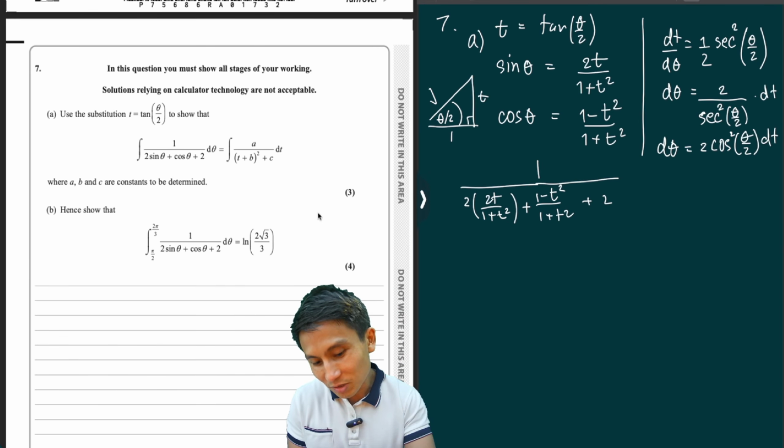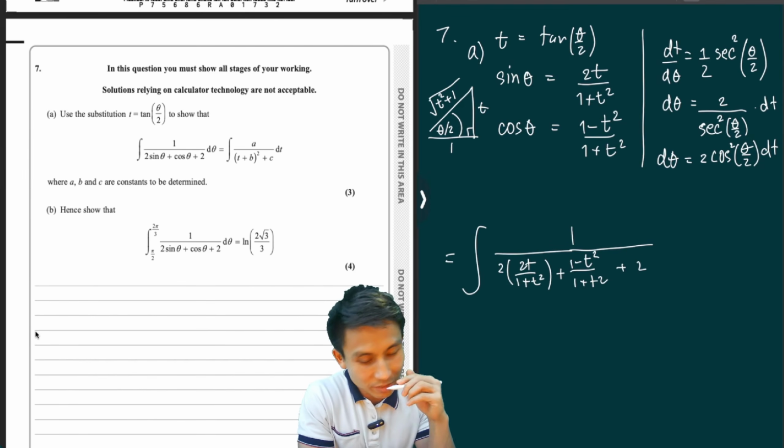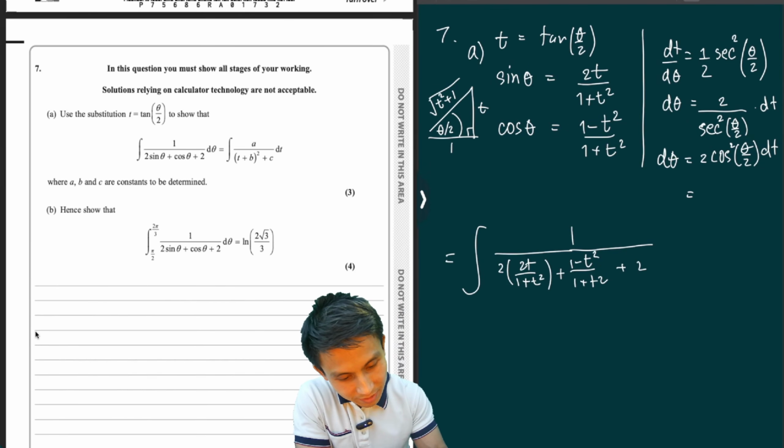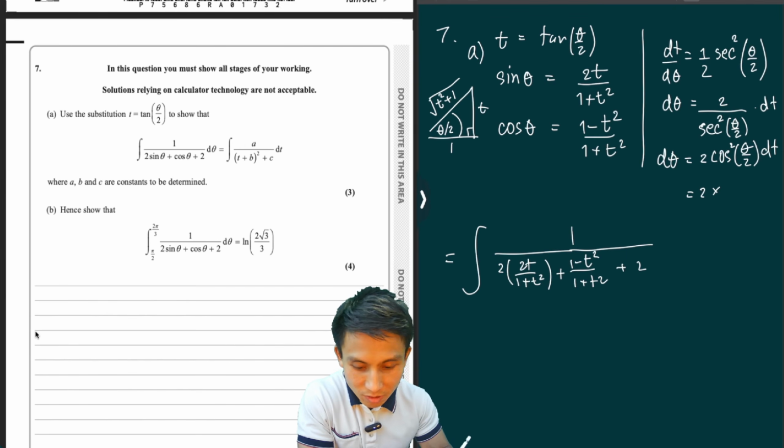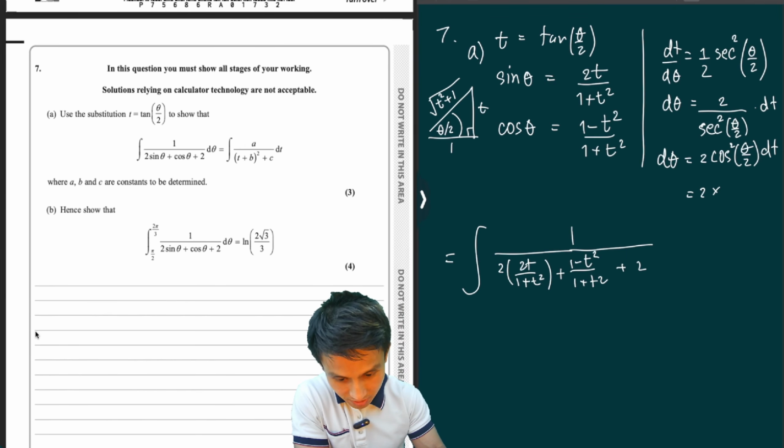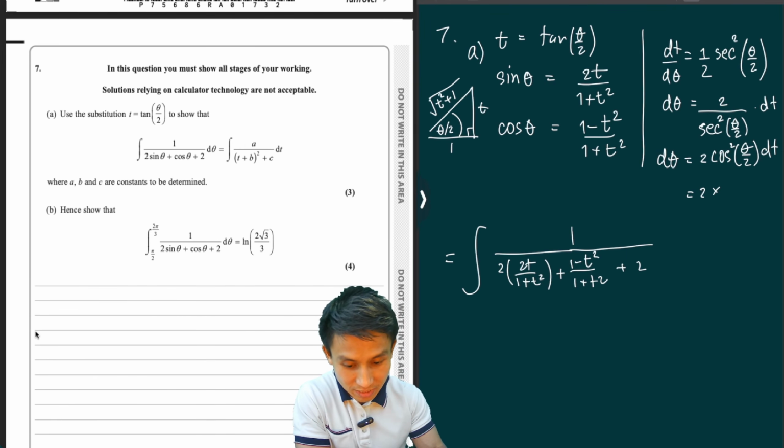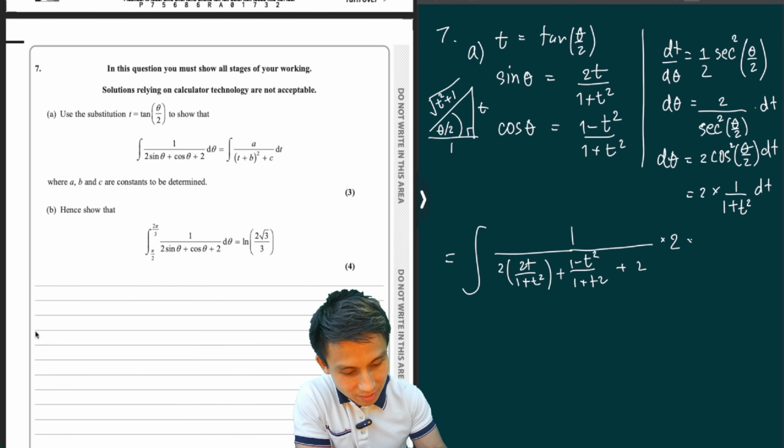The hypotenuse would be Pythagoras, the square root of t squared plus 1. Then d theta is 2 times, since we have a cos squared, 1 over the square root of t squared plus 1, squared. So that's 1 over just 1 plus t squared dt. And we're going to put that here: 2 times 1 over 1 plus t squared dt.